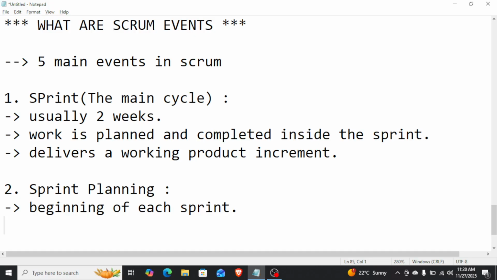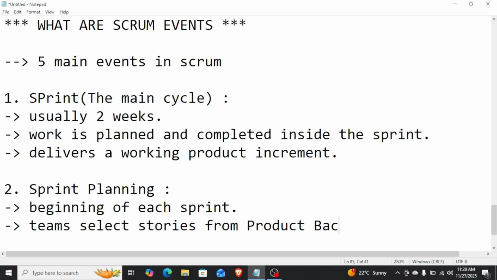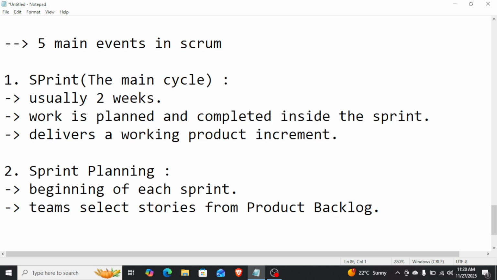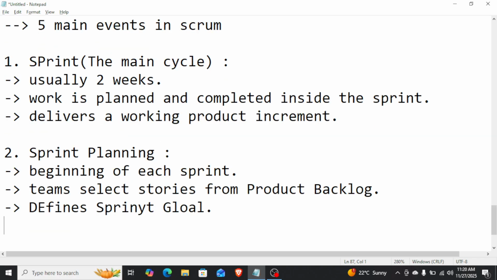Team selects stories from product backlog. Define sprint goal.